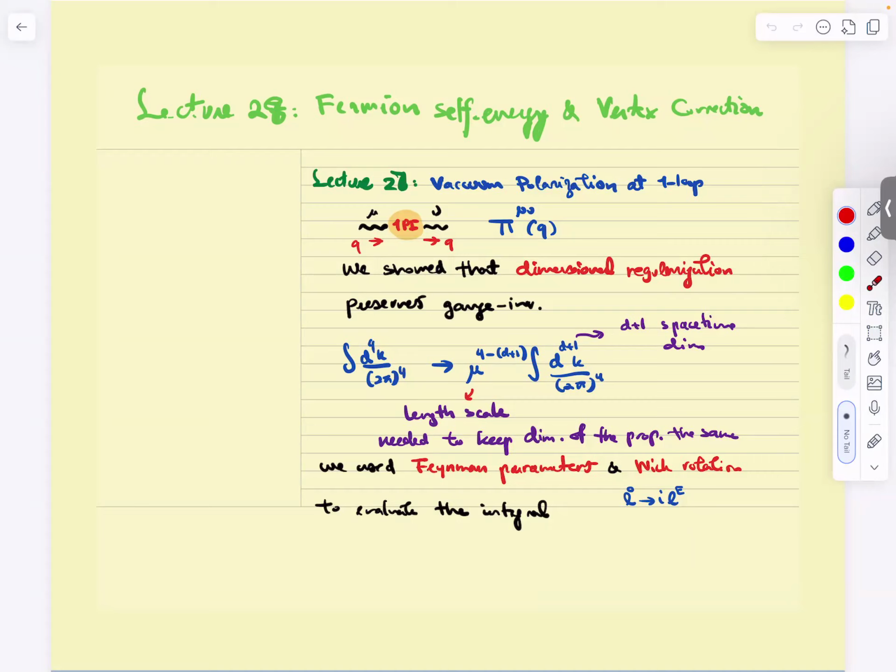We do not change the propagators or other ingredients of the Feynman diagrams. We only have to make sure that if you have gamma matrices, you use the representation of gamma matrices in d plus 1 space-time dimensions. There are a couple of relations between them that we'll have to modify, but we mentioned that.